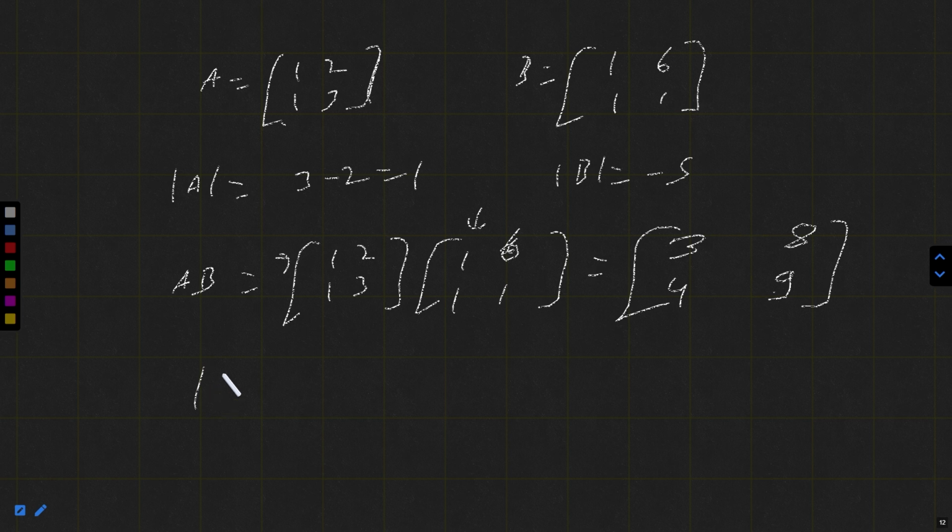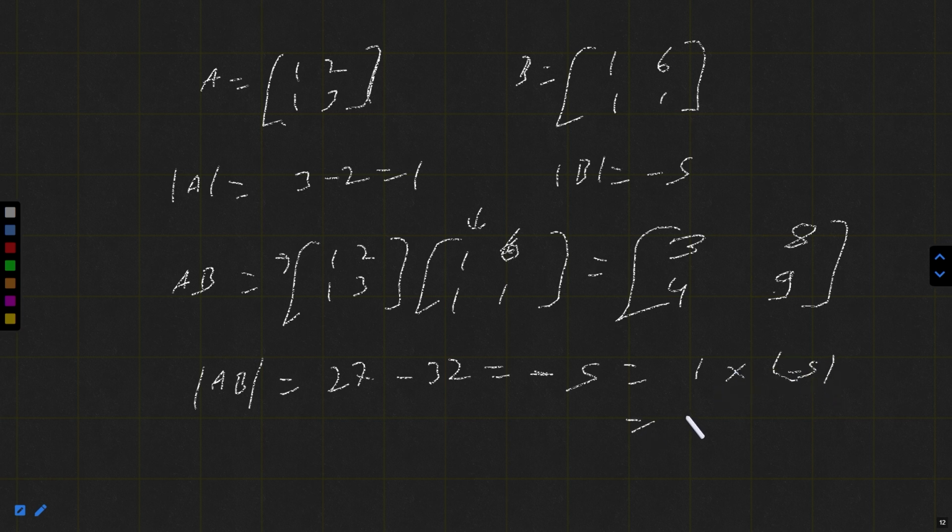Okay, and now the determinant of AB will be, as you can see, 27 minus 32. It will be minus 5. Now minus 5 is what? As you can see, 1 multiplied by minus 5.